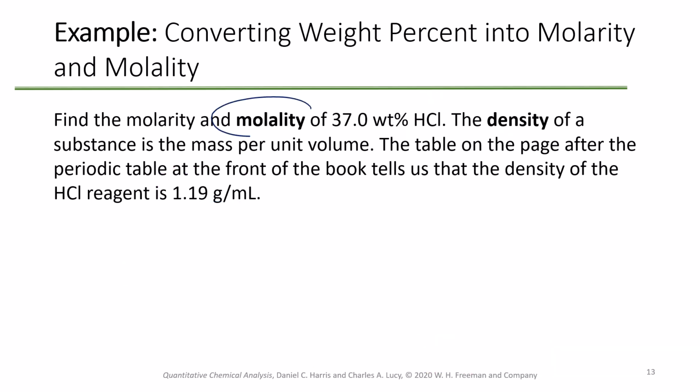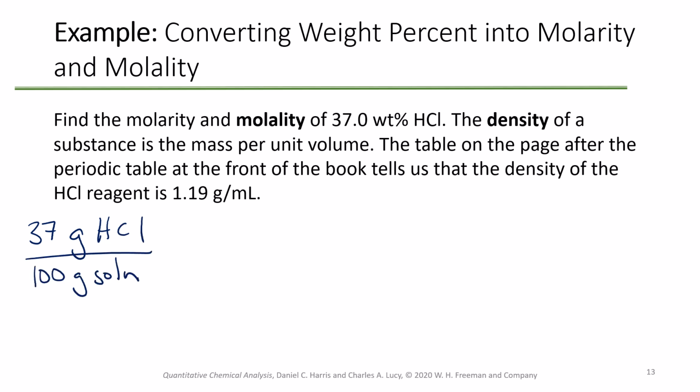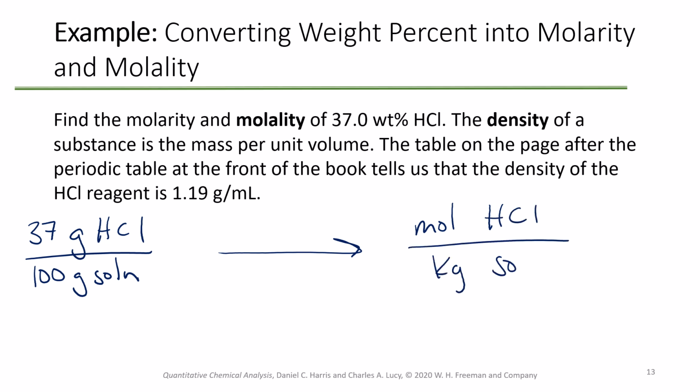Then it says find the molality. So we need to start back from the beginning. If I have a weight percent, that's 37 grams of HCl per 100 grams of solution. This is when it's very important to understand the definition of molality. Molality is going to be moles of solute, in this case that's HCl, per kilograms of solvent. This is not the same thing as this.